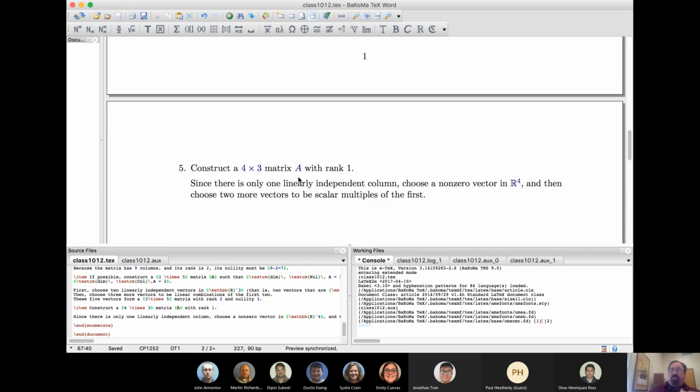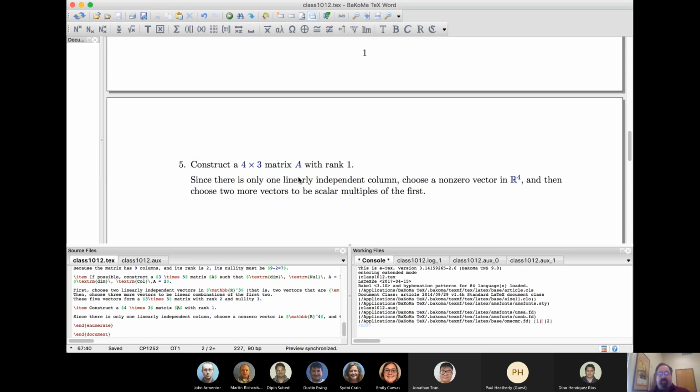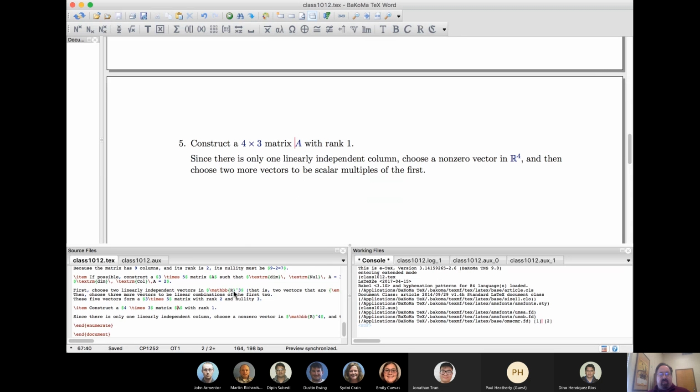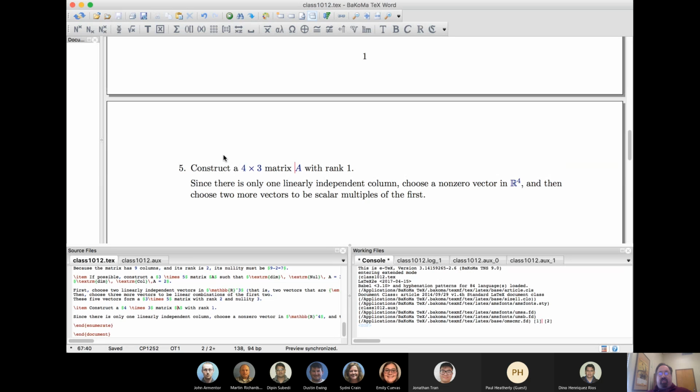So if you're solving AX equals 0 with this matrix, because the rank is 1, you'd have 2 free variables. So these are how you can construct arbitrary matrices that are designed to have a certain rank and therefore also a certain nullity.